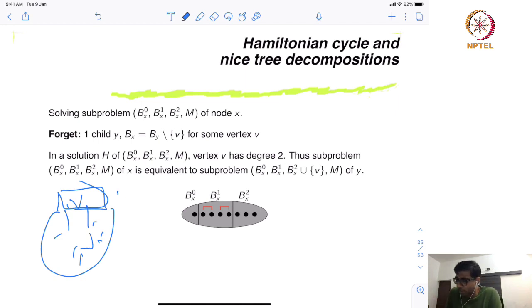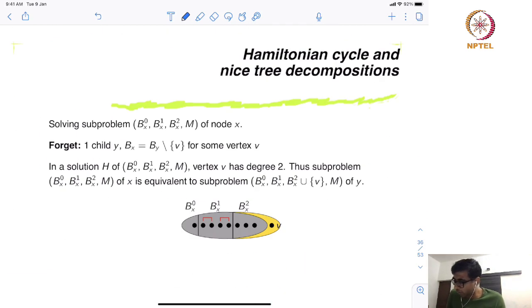This is a forget node, I just put V in degree 2, and with the same pattern, this will exist if and only if it exists for the node below. We have already computed it, and we check if this is 1 or not. If this is 1, we put 1 here. That's it.